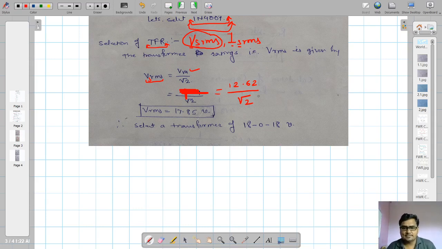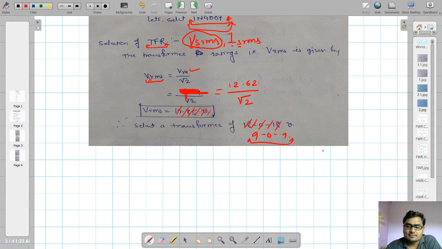Here you will not get 17 point something; you will get around 9 or 10. Depending on that, select a transformer with 909. Now you will get this 909. What is that? It is a center tap transformer, 909.